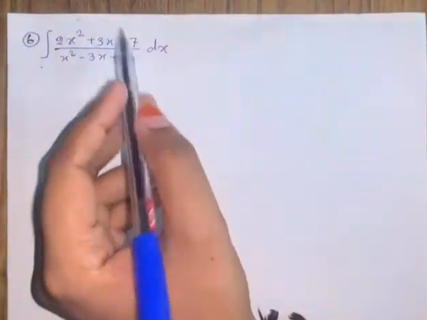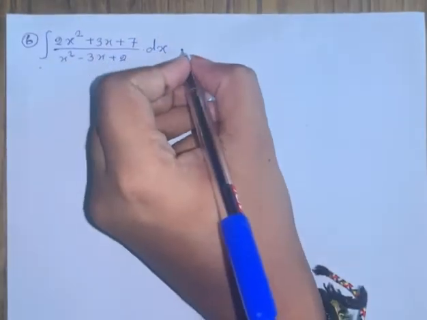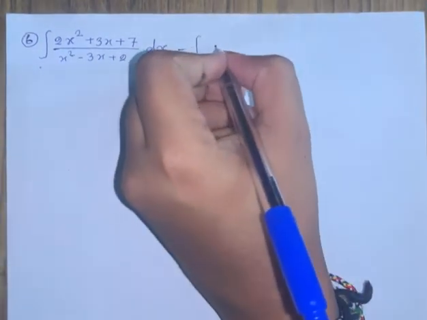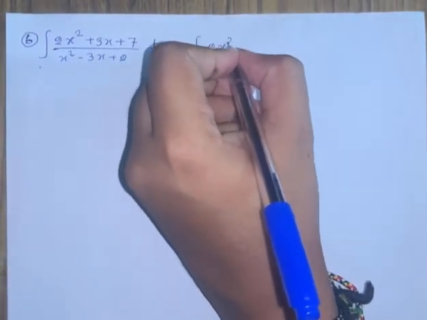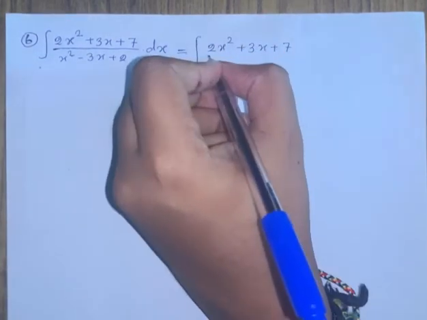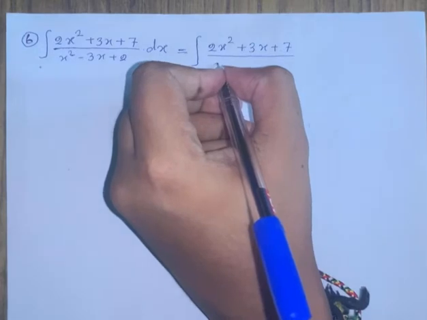So this is our 6th question. If we do the 6th one, if we factorize the denominator, we will get x minus 1 and x minus 2.